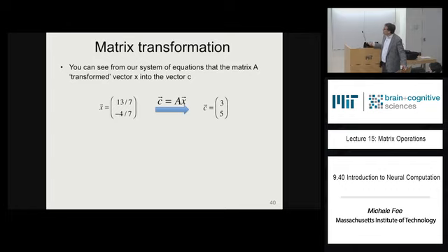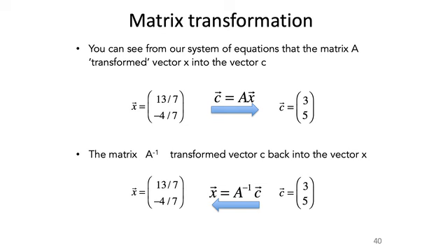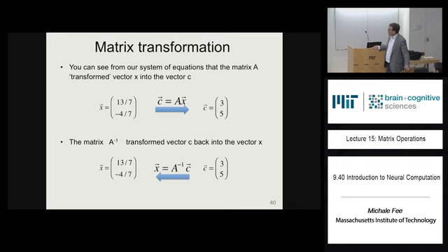When we multiplied that by A, we got another vector c. Okay, and the matrix A inverse transforms this vector c back into vector x, right? So we can take that vector c, multiply it by A inverse, and get back to x. Does that make sense?